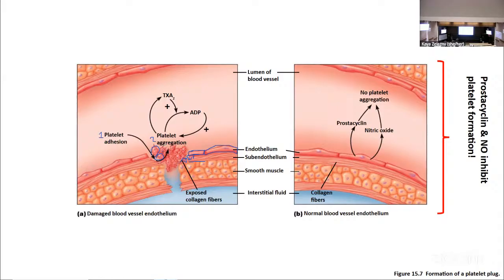So grouping together. And part of what's assisting us in grouping more and more platelets together are some of those secretions. So we have the ADP that they're secreting, making those platelets more and more sticky, right? Making this platelet plug bigger and bigger and bigger.